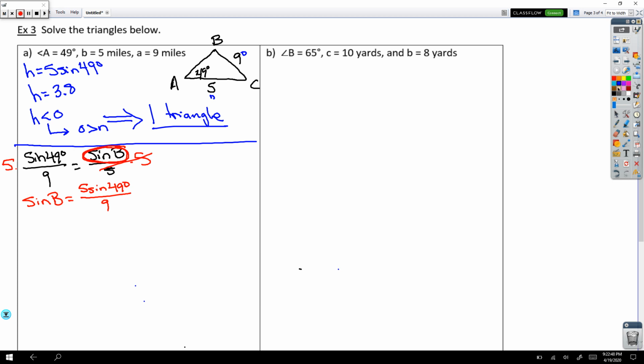So in your calculator, to find B, so B would equal sine inverse, so sine to the negative 1, of 5 sine 49 degrees all over 9. Okay, type that all in, and you would get an angle measure of approximately 24.8 degrees.